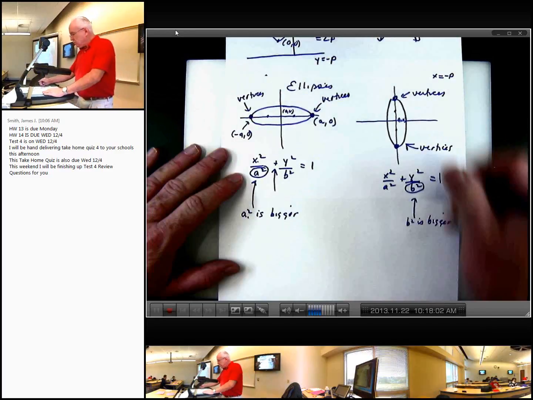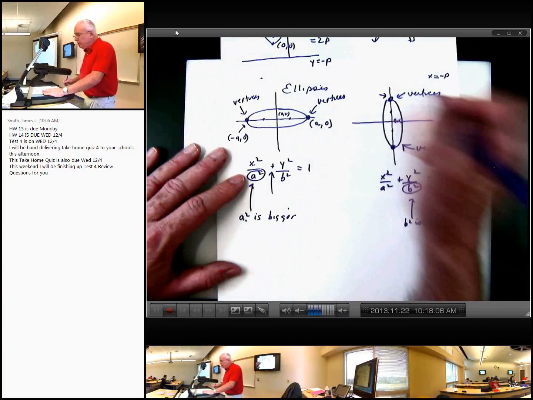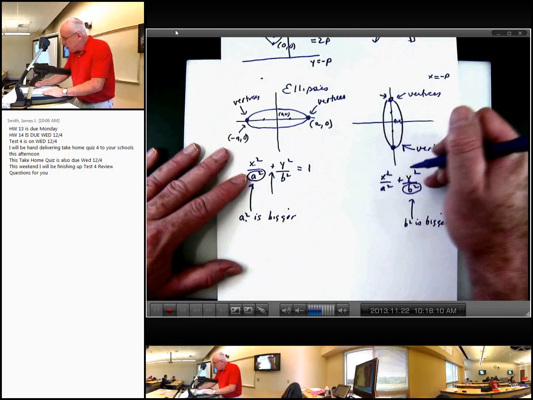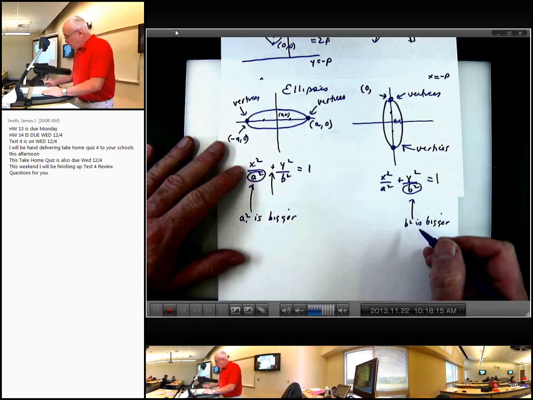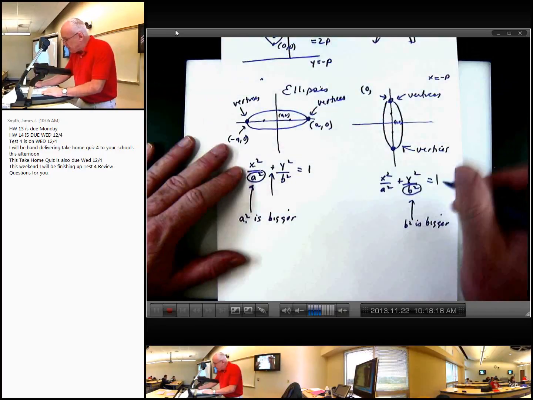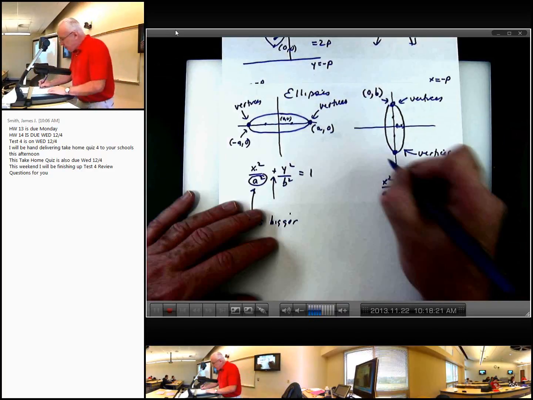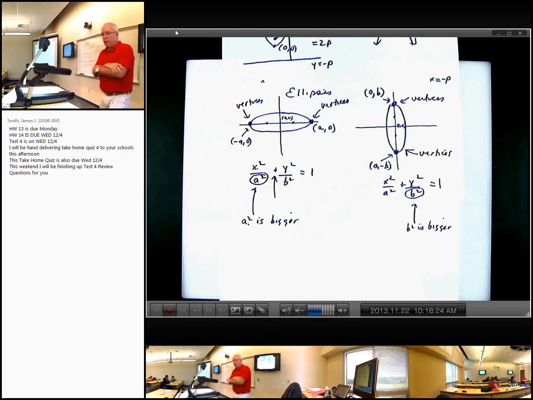In this case, where the number under the y is bigger, the vertex is going to be along the y-axis. So our x value is going to be 0. Our vertex y value is not going to be b squared, it's just going to be b. And then down here, it's going to be 0 comma minus b for the vertices.